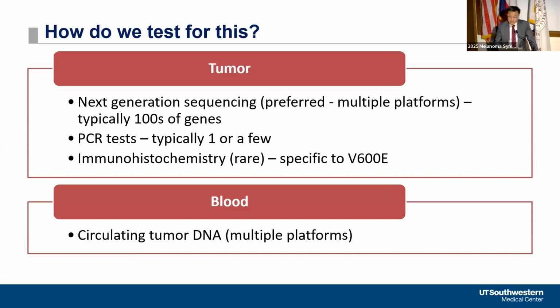The newest way to test, especially for patients with more advanced disease, is to test your blood. If you had a biopsy that didn't yield enough tissue for these tests to work, or we need a quick answer, sometimes we will draw your blood. This would be just a simple blood stick, and we're able to send it to companies that can look for something called circulating tumor DNA.